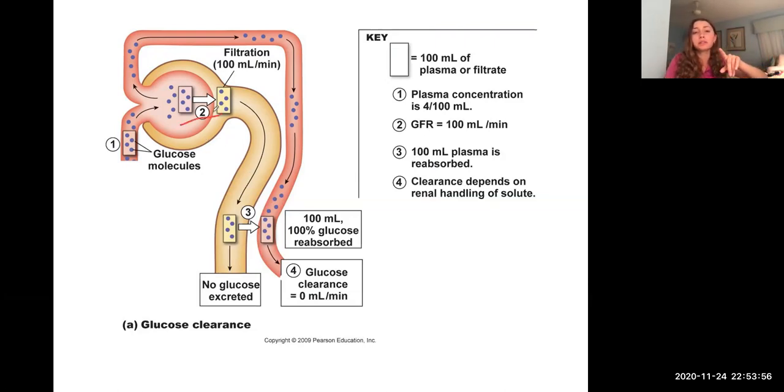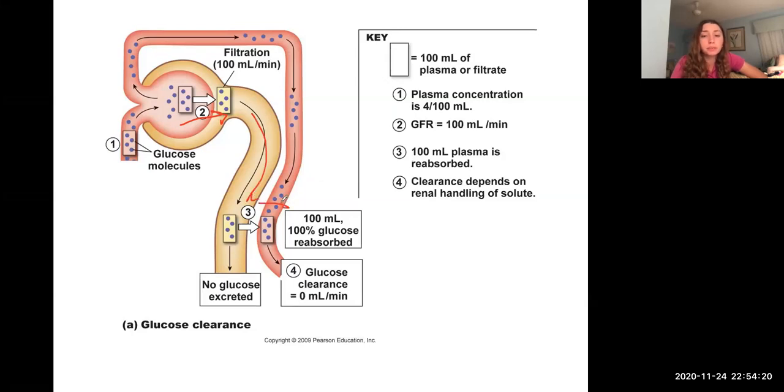Okay, so now we have glucose. Glucose, 100% of it is filtered, but a lot of stuff gets through. Now, we usually always need glucose unless we're exercising or other things like that. So it will get reabsorbed.